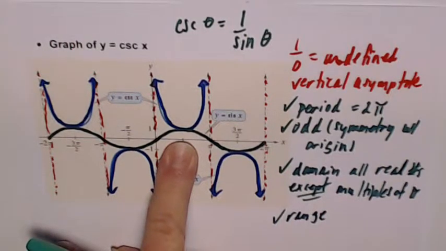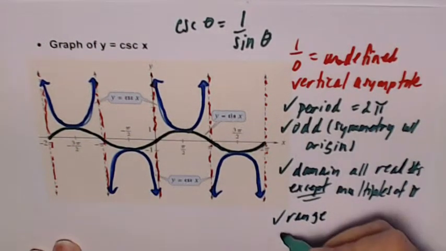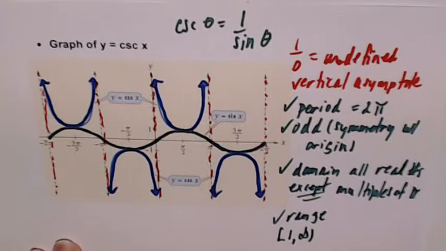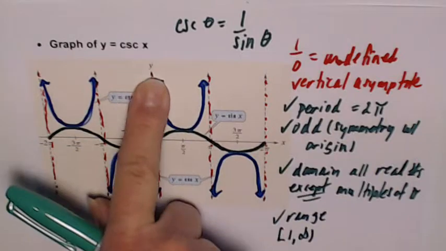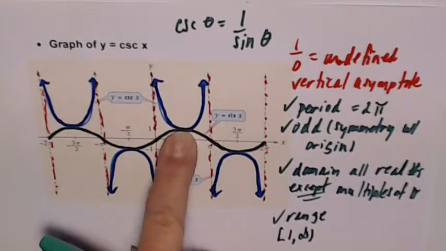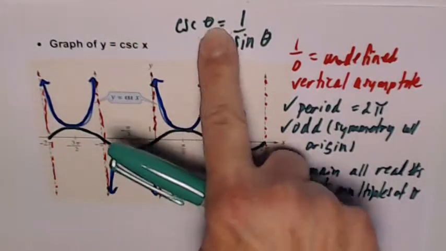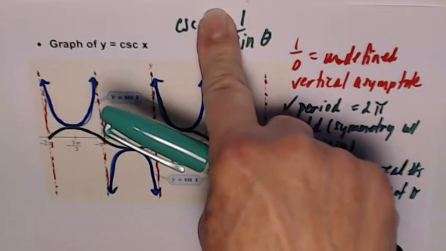However, with our cosecant function, we start at 1, so our range would start at 1, and then we have a visit from the cat again this morning, which I heard was a star in the other videos, and then we go on to positive infinity. So the range is quite different because we go from 1 to infinity, so that 1 is a minimum, and we go to positive infinity.